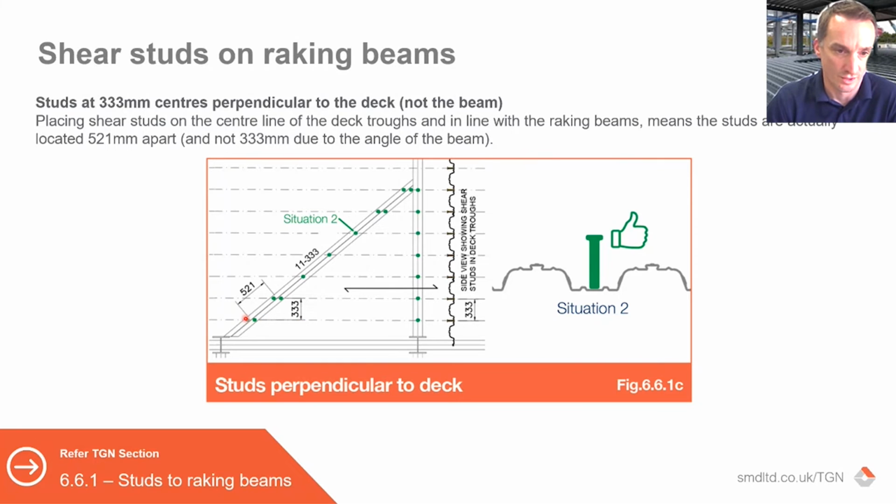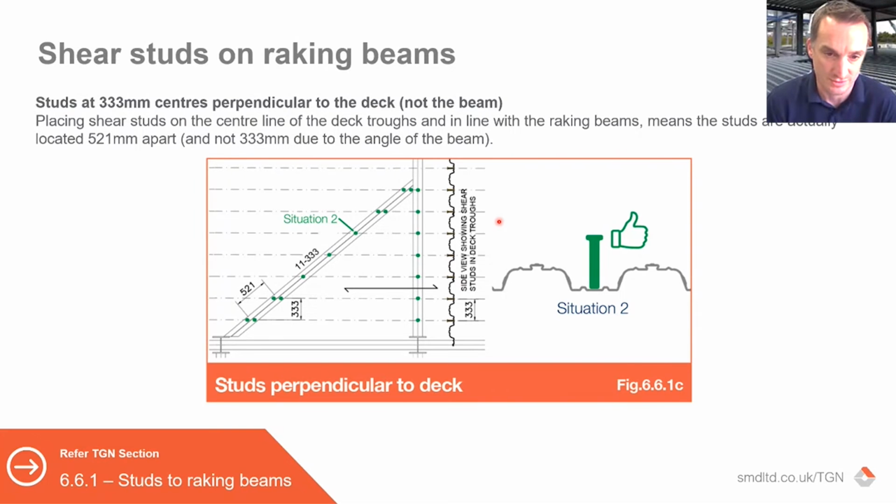So in this scenario, it's 521. You can obviously pair those studs up, but then do those pairs give enough resistance across the beam? So there's a load of questions around that when looking at raking beams across a deck span.